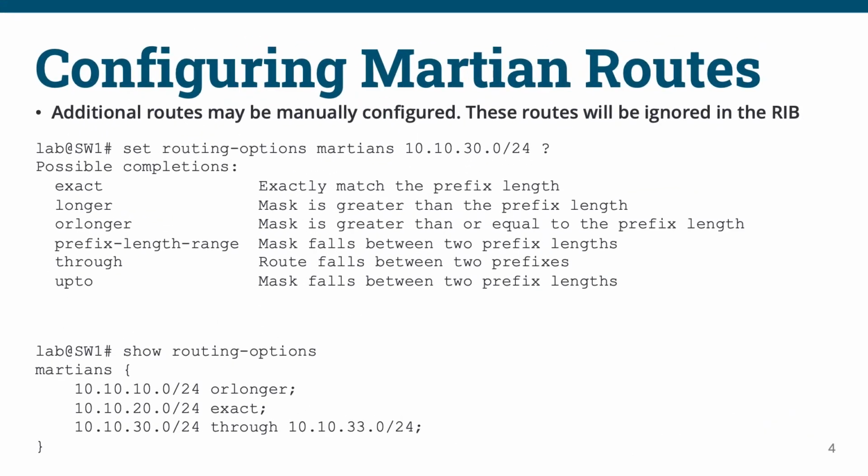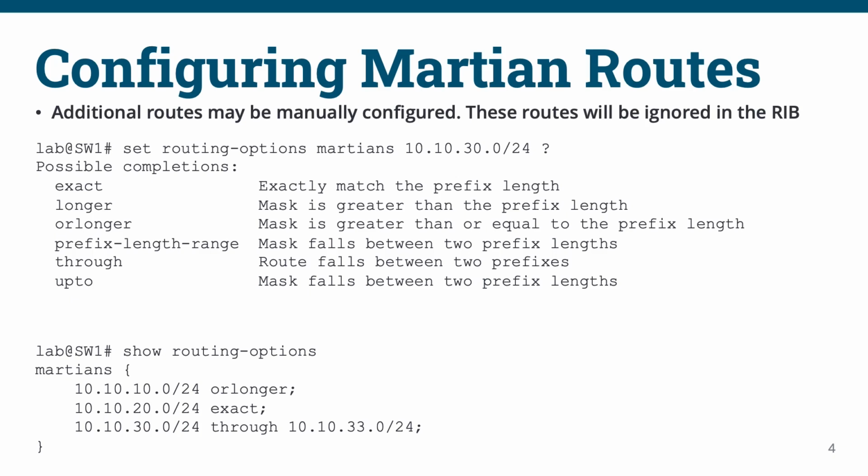As we mentioned in the last slide, Martian addresses are primarily defined as addresses in Junos which will be ignored in the routing information base and not appear in the routing table. That said, you may have a use case in your environment where you want to ensure a certain address space is always ignored, as it's reserved for some special use in your network.